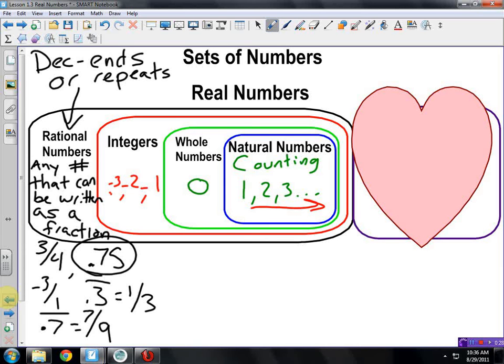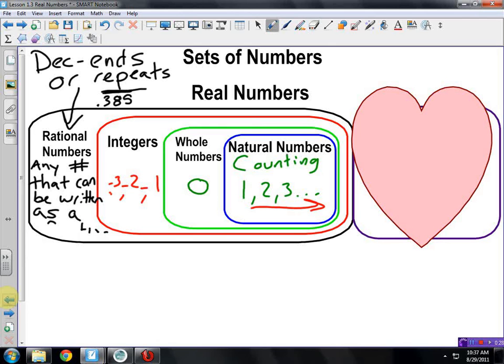With the repeats part, it doesn't have to repeat a single number like 0.3 down here or 0.7 repeating right there. It could be like 385, 385, 385, like 0.385 repeating, which would be 0.385385385, and would have a fraction. I don't know that one off the top of my head. But an example of one that I do know off the top of my head is 1/7.